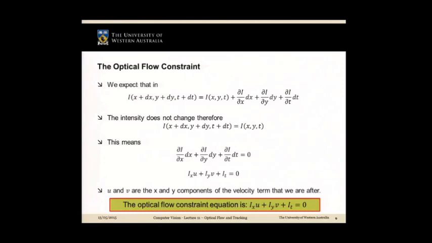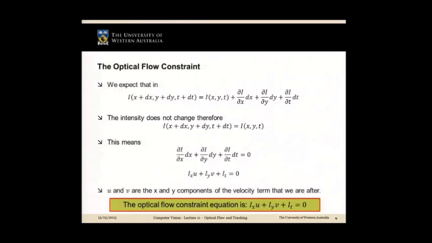And this expression can be written as Ix u plus Iy v plus It equal to 0. Ix, what are these derivative terms, these partial derivative terms? The gradient values, right? What is u and v? We'll calculate them in the next few slides.